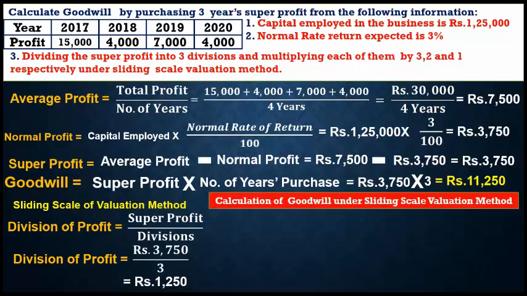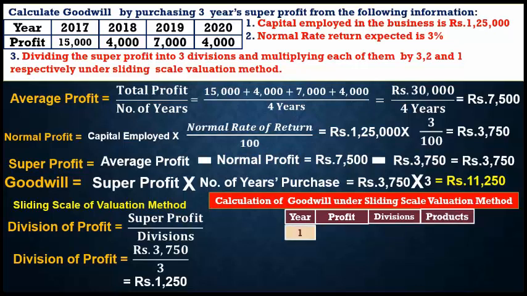Now, calculation of goodwill under sliding scale valuation method. Now first I have to write the year, second column profit, third column divisions, fourth column products. Year 1, 2, 3.